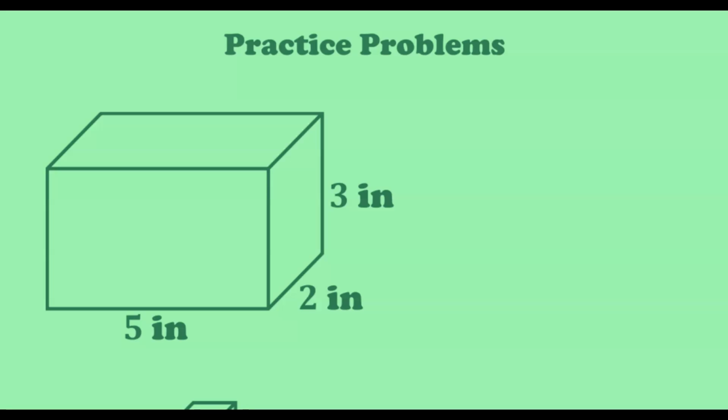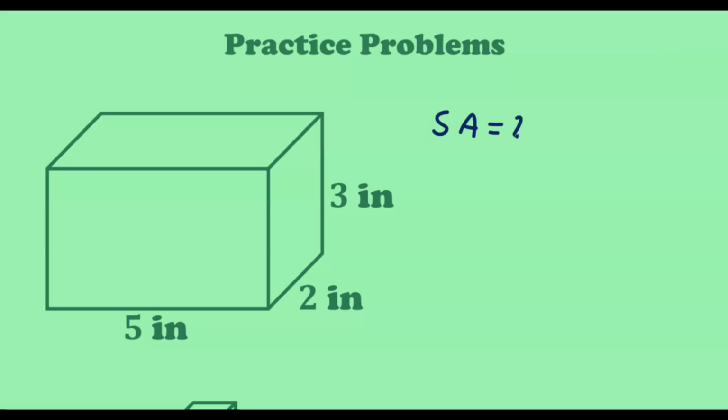Let us determine the surface areas of the rectangular prisms which are given. Consider this first rectangular prism. The length is 5 inches, the width is 2 inches, and the height is 3 inches. Let us determine the surface area by using the formula.